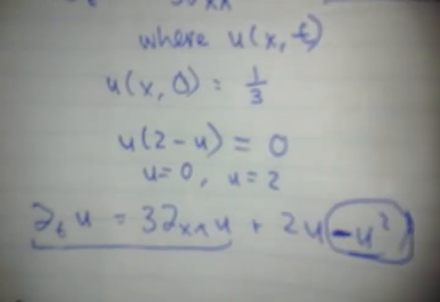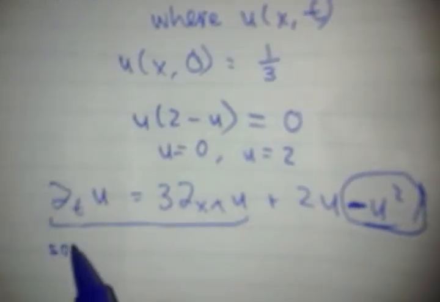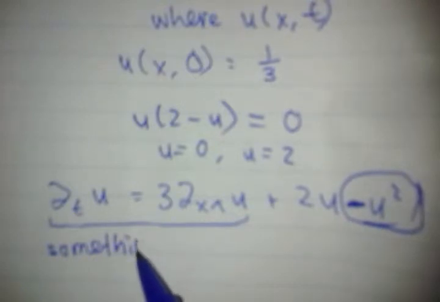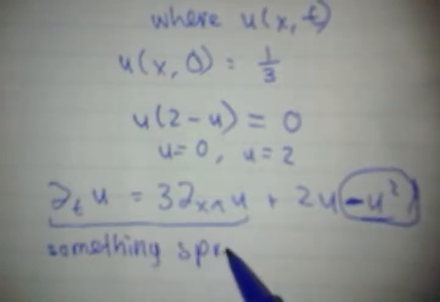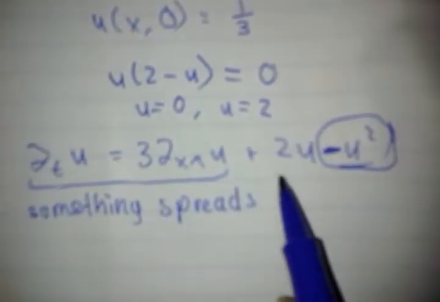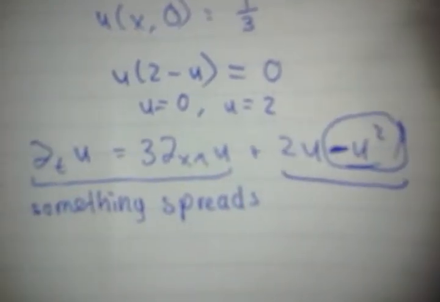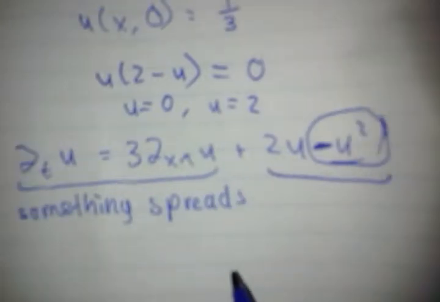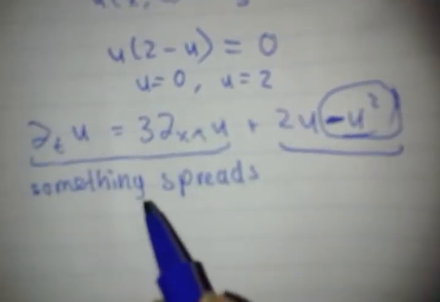If you just ignore this entire term right here, we have the diffusion term, so we know that something spreads. Every point is. And then if we look at these two terms and ignore the diffusion, we actually get exponential growth.